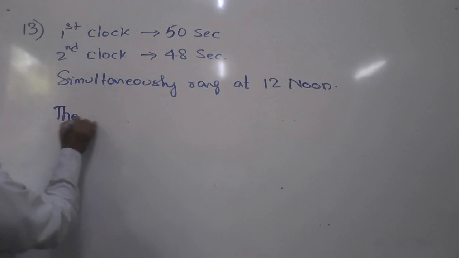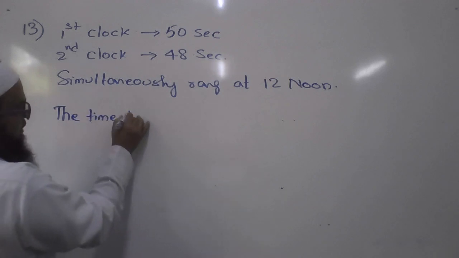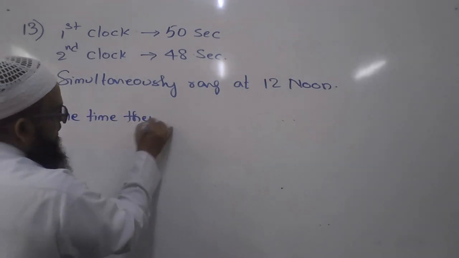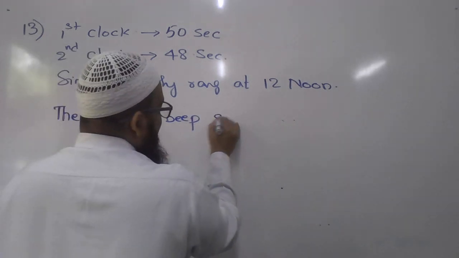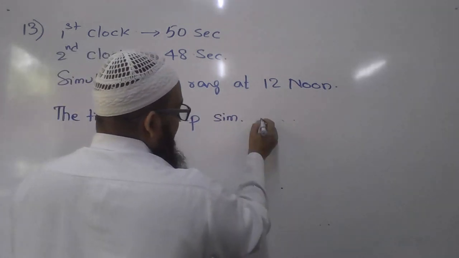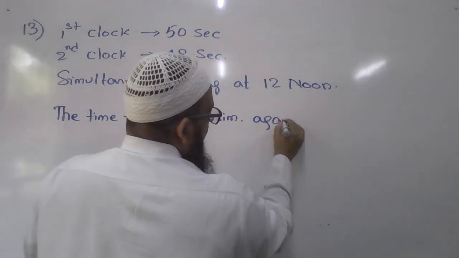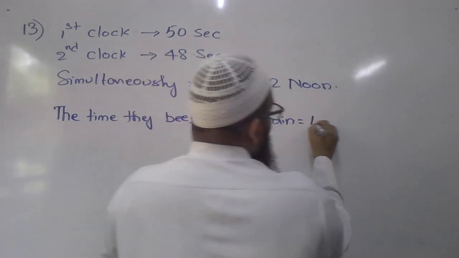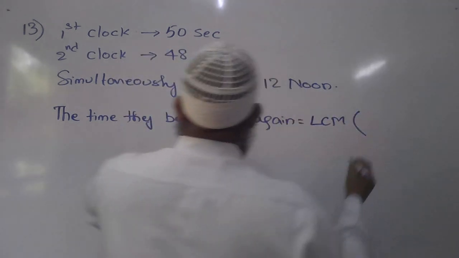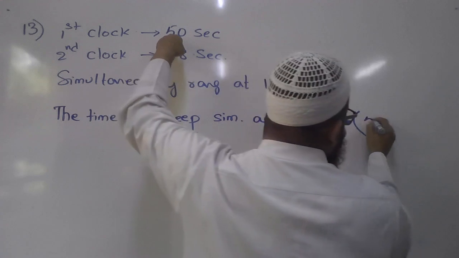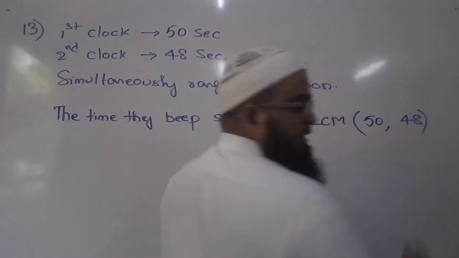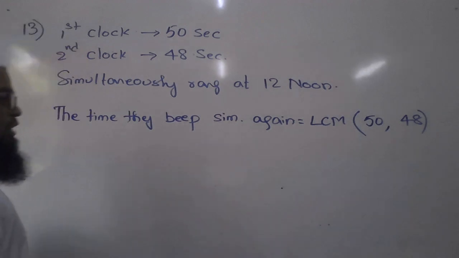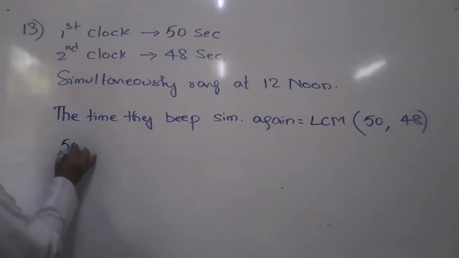So the time they beep simultaneously again is equal to the LCM of 50 seconds and 48 seconds. Is it clear, my dear students? So let us find the prime factorization.